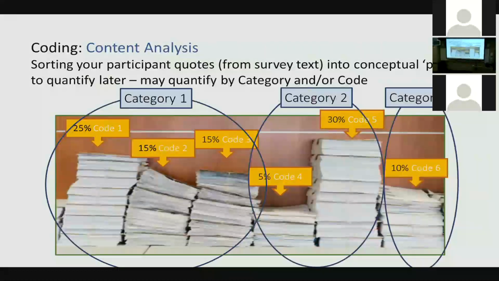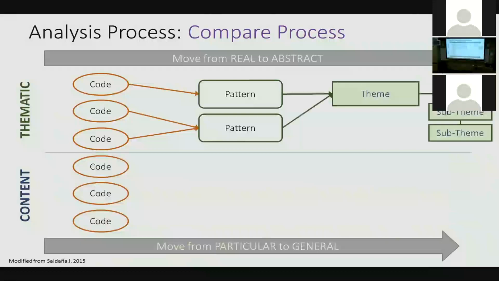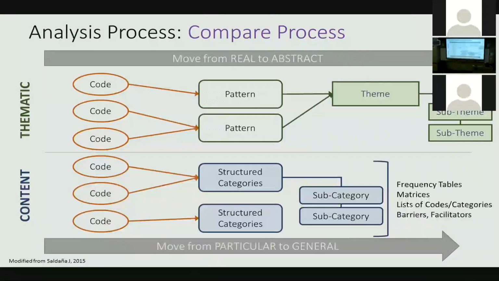So that's how it sort of shakes out if you look at content analysis and thematic analysis. And then the process itself looks very similar in terms of how one would go through it, but the outcome is quite different. Okay?